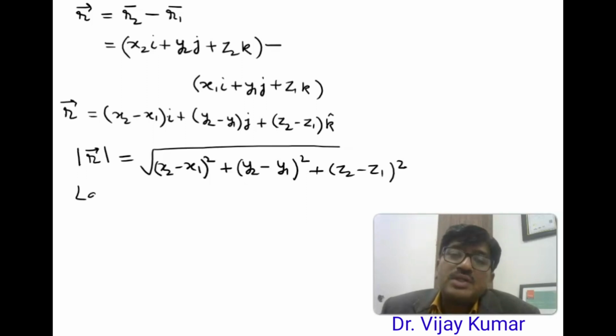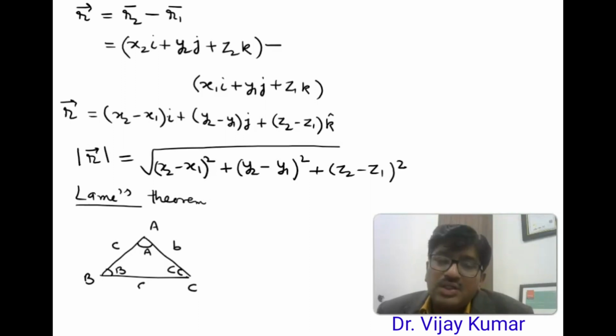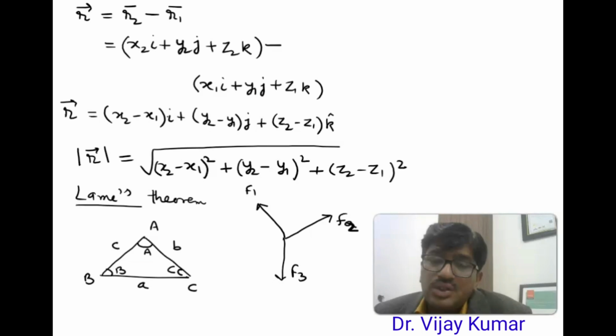Now we will discuss Lami's theorem. Suppose this is a triangle with angles A, B, C and the sides opposite them are a, b, c. In the second figure we have three forces F1, F2, F3, with angles theta 1, theta 2, theta 3.